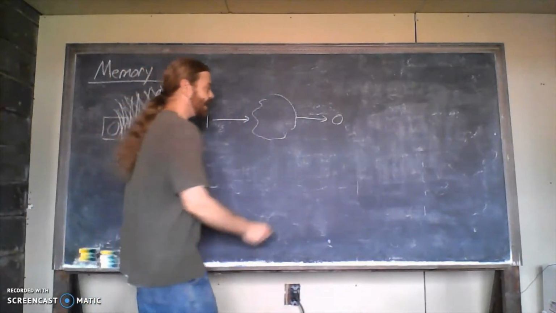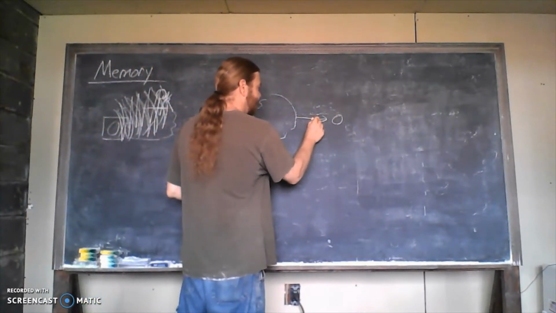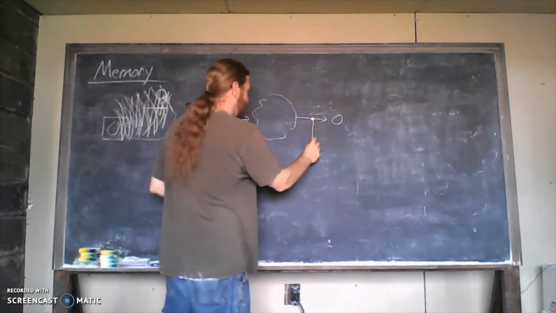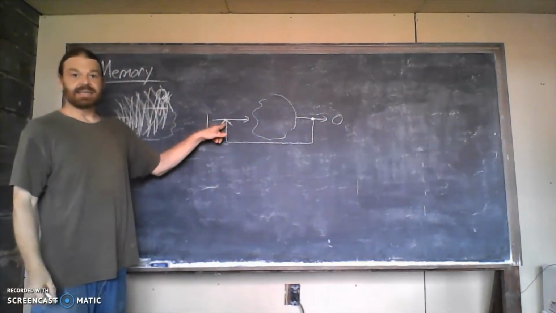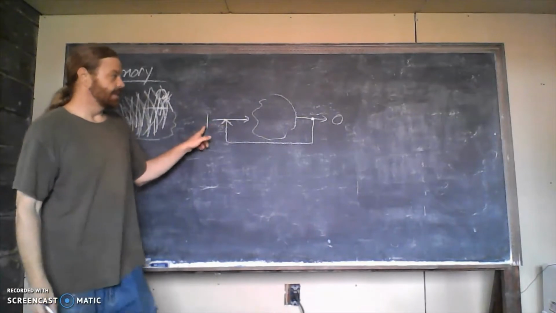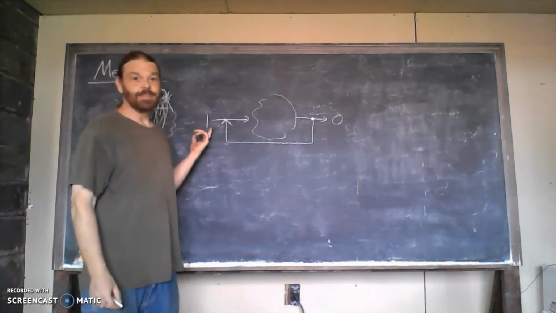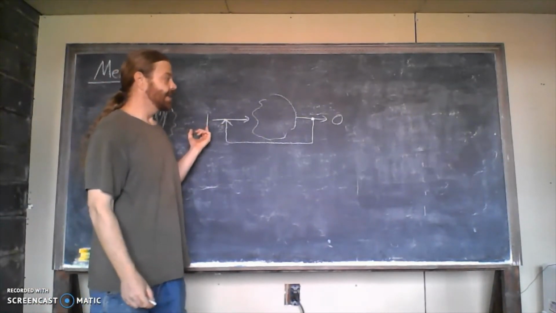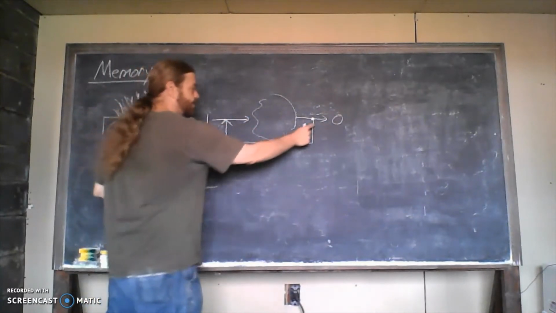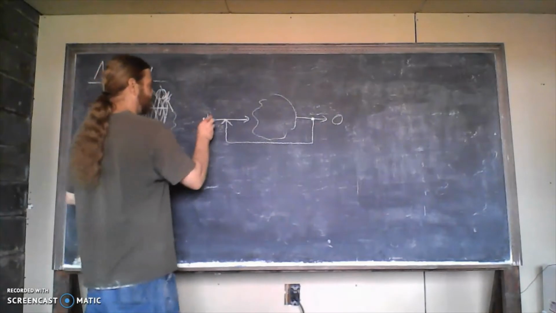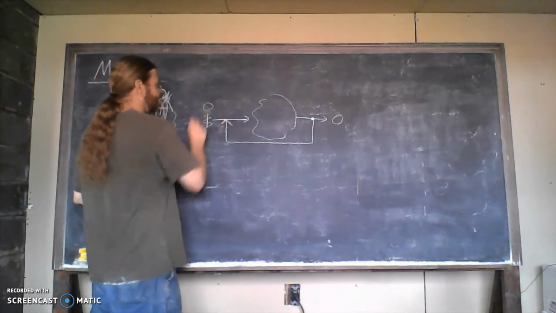Well, when we add feedback, we're going to take this output, bring it back over, and set it as an input. So in this case, it's kind of like a simple NOT gate. We send in a 1, we get back a 0. Well then, now that 0, through feedback, is our input. We don't have a 1 here, we have a 0.